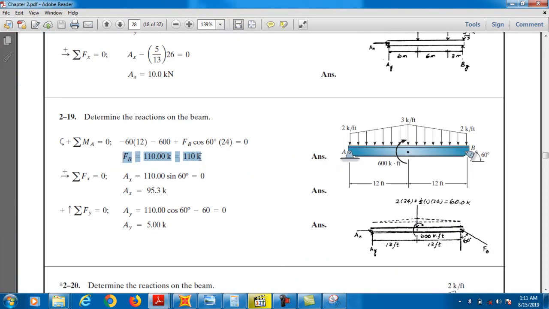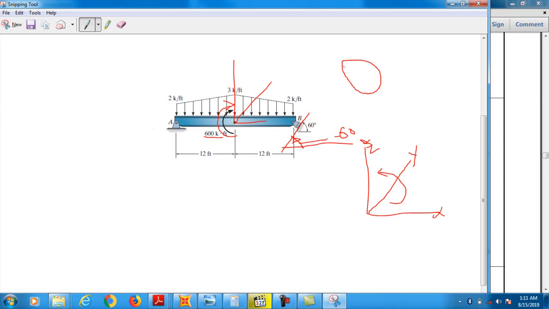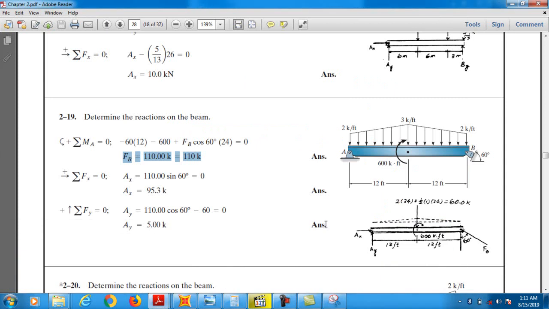We have FB equal to this reaction, and you must know that once you rotate your support, the normal force will be perpendicular to your plane. This is now your reaction, and that is 110. Similarly the other reaction is AX.